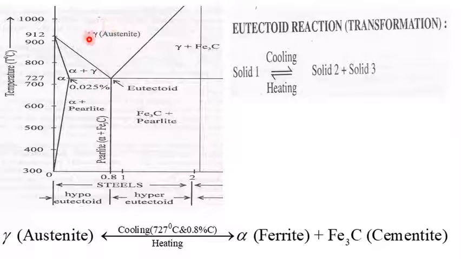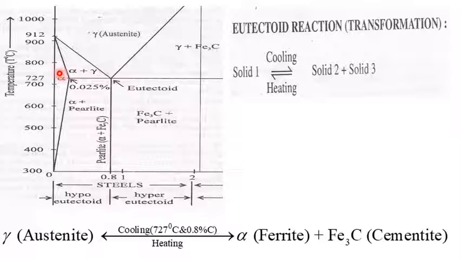You can see here that austenite will start nucleating alpha ferrite and Fe3C once it crosses the ACM and A2 lines. The 727 degrees Celsius line is called the A1 critical temperature, A2 is 912 degrees Celsius, and ACM depends upon the carbon percentage, going up to 2.1% carbon on the right side.